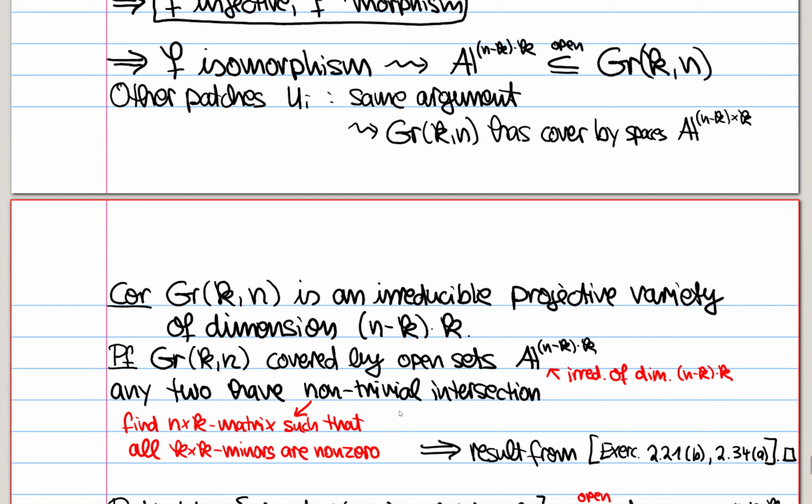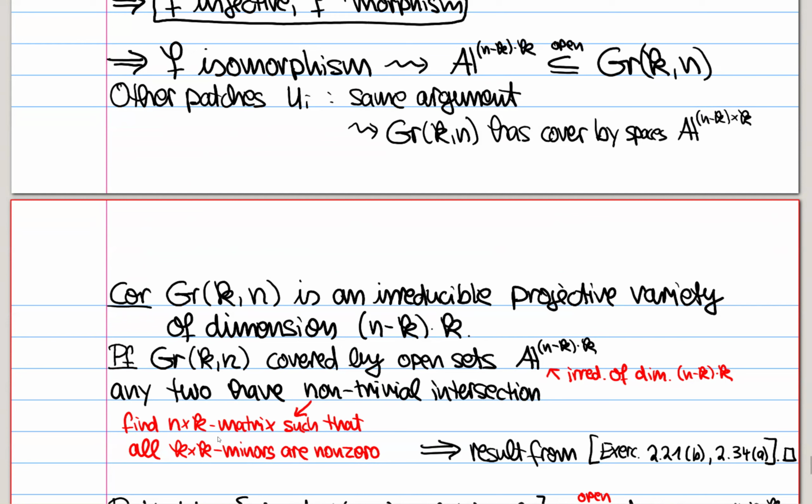And also, any two of them have non-trivial intersection. To show this, there's two ways. You can try to write down a concrete n cross k matrix such that all k cross k minors are non-zero. Once you have this, the column span of this would lie in all of these affine patches.